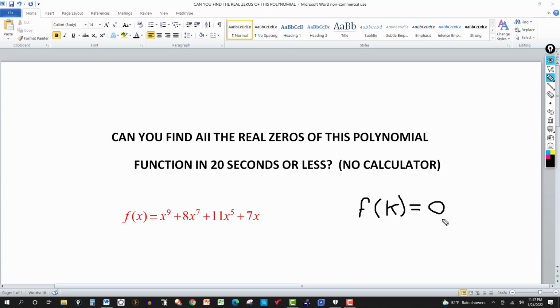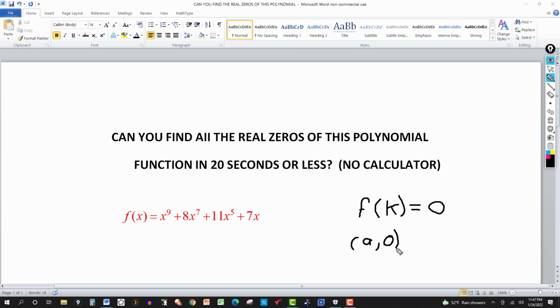So let's say this function crosses the x-axis at some number a. Then the y component is going to be 0.